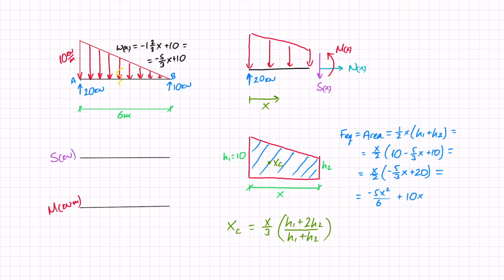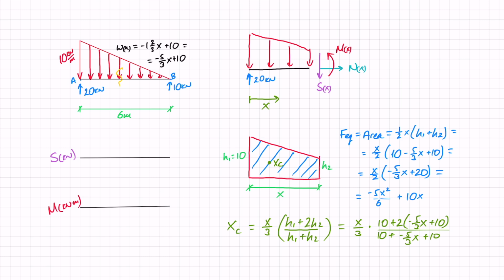Okay, and that essentially gives me x over 3 times 10 plus 2 times my equation, minus 5/3 x plus 10, over 10 plus the equation of minus 5/3 x plus 10.